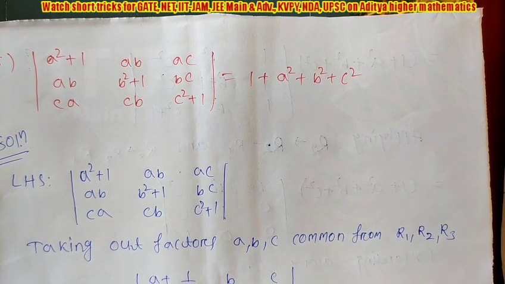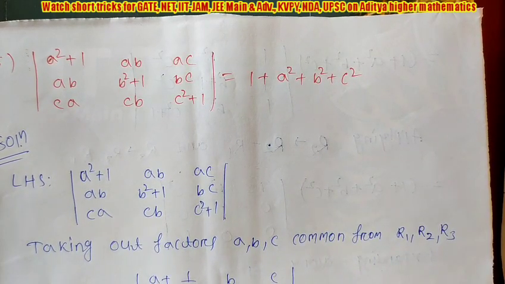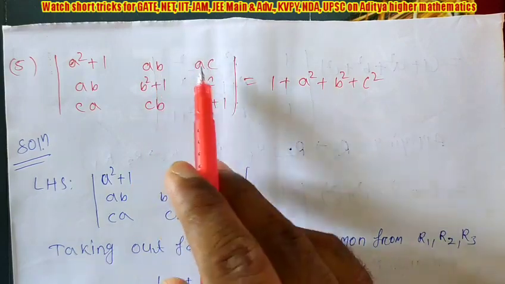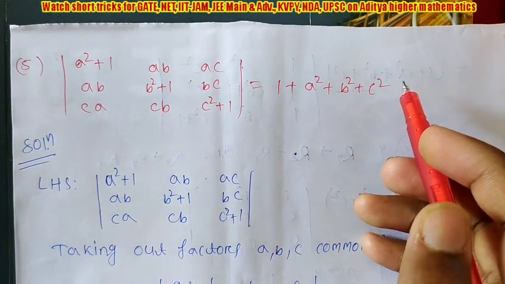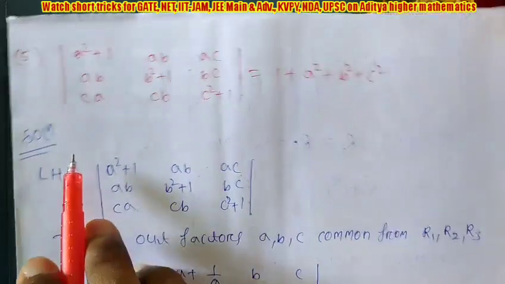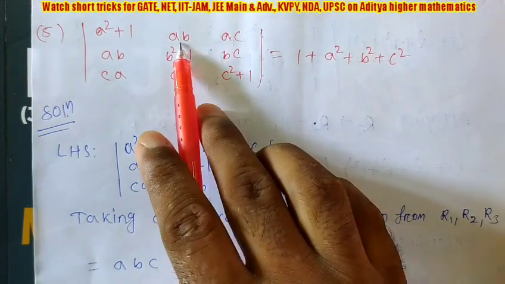So we will look at how to make these square elements, or how to change these elements A, B, A, C, because on the right side only squares are given. So you need to change these elements A, B, A, C, A, B, B, C, C, A, C, B. For A, B, A, C, both have A common.